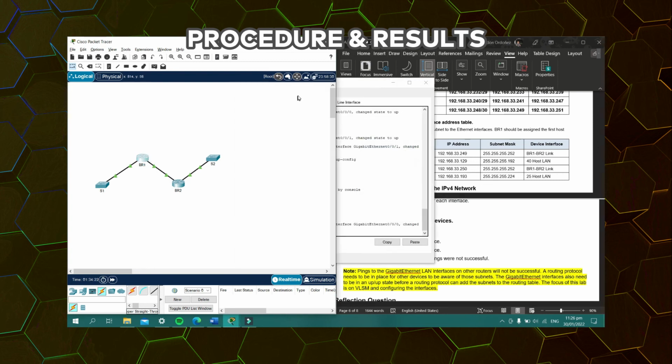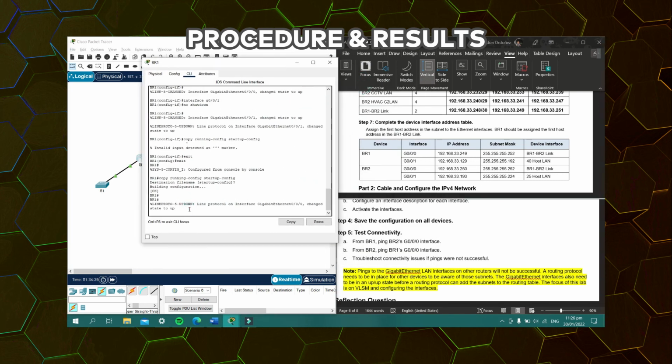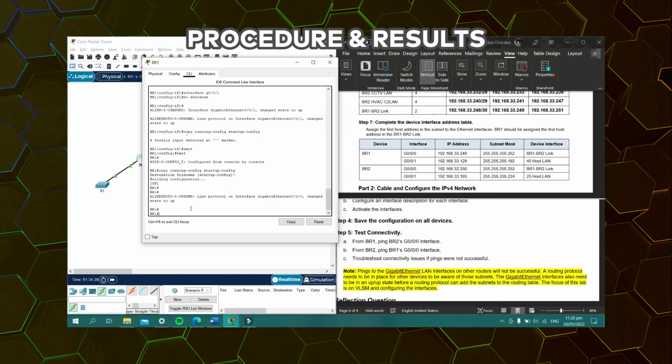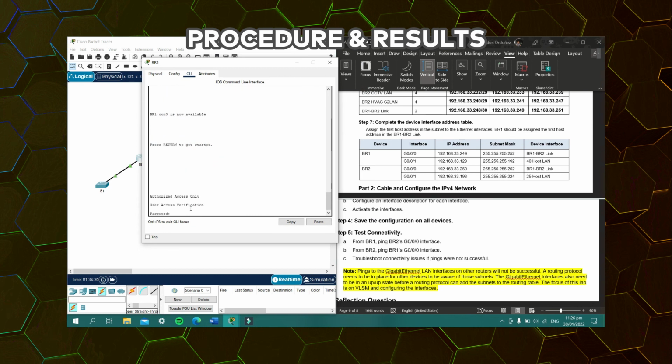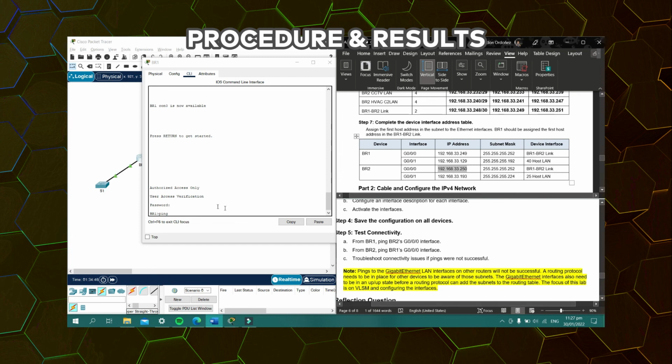So we would go to BR1. Press return to get started. The password is cisco. So this would be the IP address for the G0/0/0 interface of BR2. So ping 192.168.33.250.